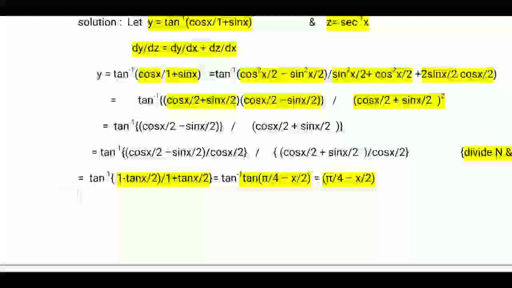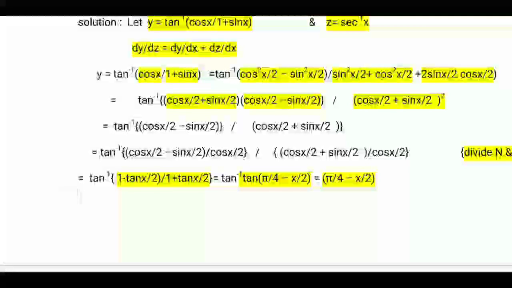Thus we get tan inverse, cos x by 2 cancel out, we get 1 minus sin x by 2 upon cos x by 2, that is tan x by 2, upon 1 plus sin x by 2 upon cos x by 2, that is tan x by 2. So we get tan inverse (1 minus tan x by 2) upon (1 plus tan x by 2), that is equal to tan inverse tan (pi by 4 minus x by 2).